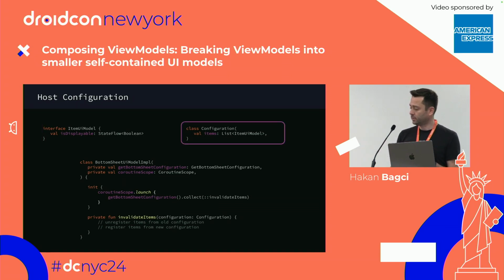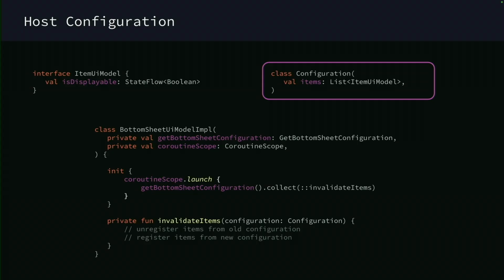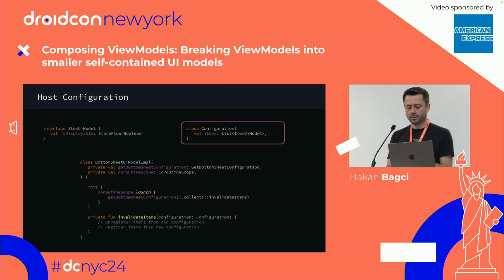And the second abstraction is the configuration. Configuration is just a logical group of item UI models. For example, for the rider application, it could be working configuration or non-working configuration, etc. Configuration enables us to group item UI models logically depending on business domain.